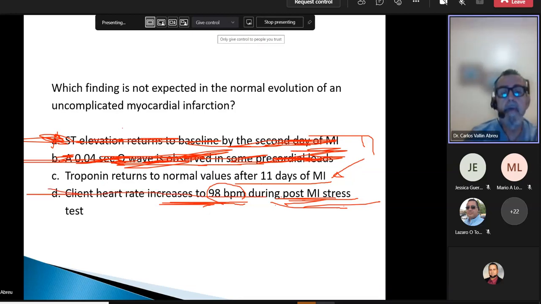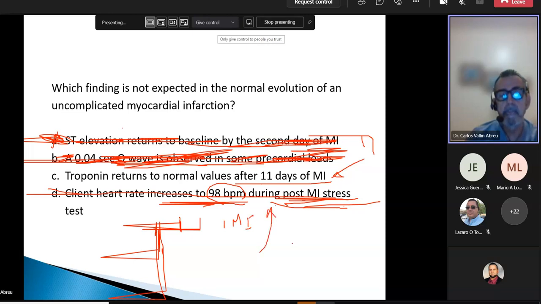Okay, what do you think is happening when a person has a myocardial infarction? Day one, the person has a myocardial infarction, the troponin elevates and should return back in 7 days. Now the troponin stays elevated 11 days. What do you think happened?